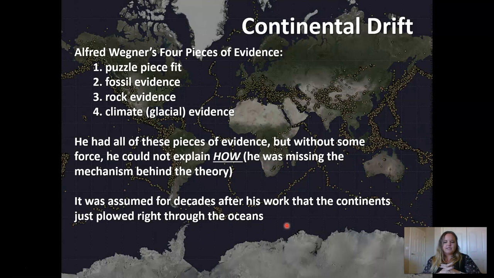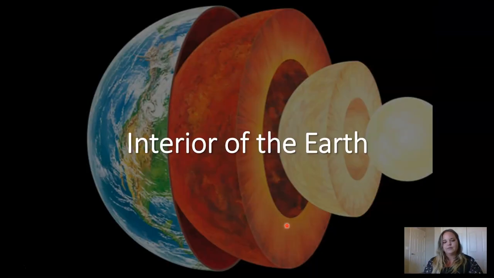He had all of these things that he observed happening, but he didn't know how they were happening. So he was missing the mechanism behind the actual theory. He has his theory of continental drift, and to get to the theory of plate tectonics, he needed the how. Okay, so we're going to discuss how the how came about.